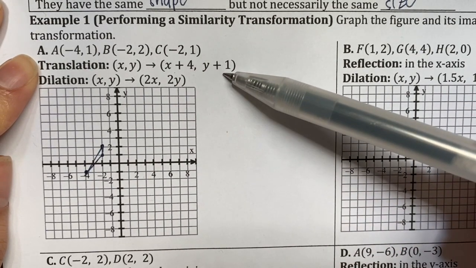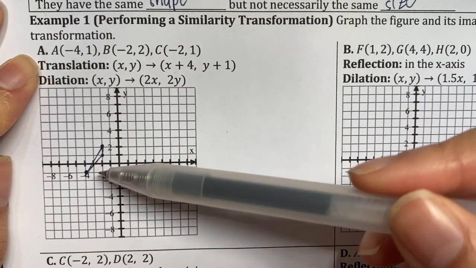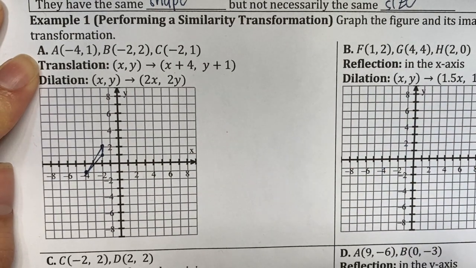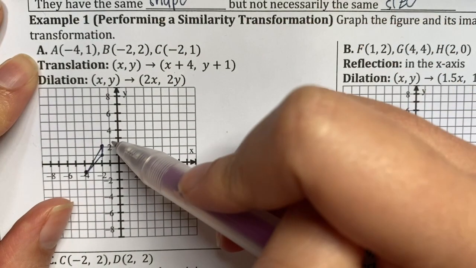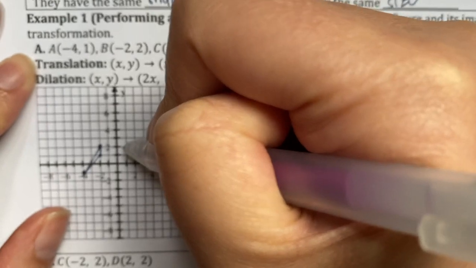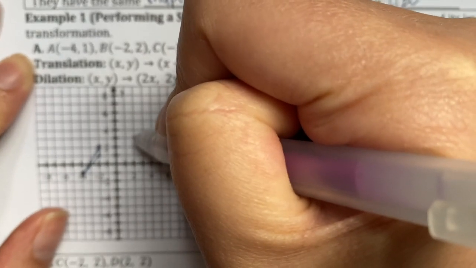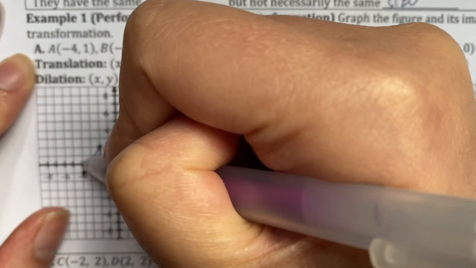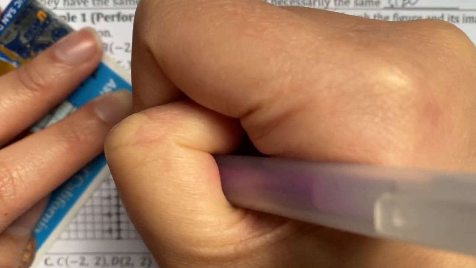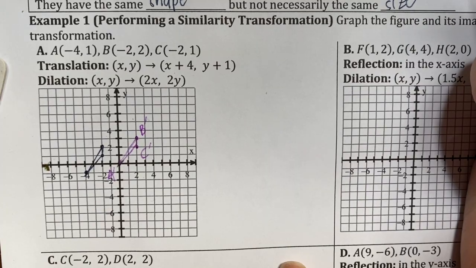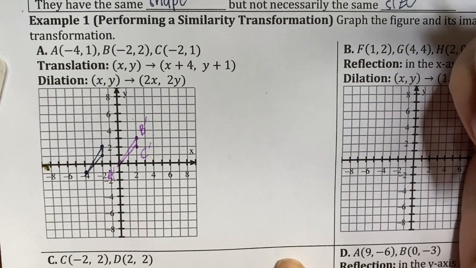And then we're going to add 1 to each y coordinate, so we're translating each up 1. Right, so we can just count. We can go right 4, up 1 for each of those points. There is our figure after a translation.